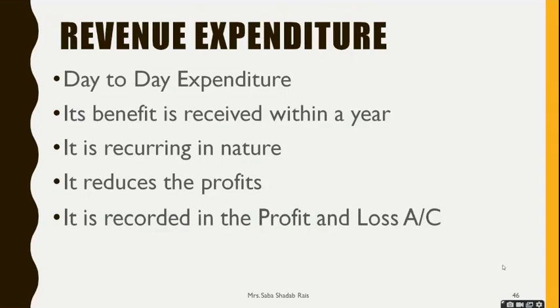Say I have one business in which I am getting 1,000 rupees profit per day, but out of that 1,000 I am giving 100 rupees for snacks to my workers and 100 rupees for traveling and so on. Whatever I spend is going to decrease from my profit only. So revenue expenditure will reduce my profit.